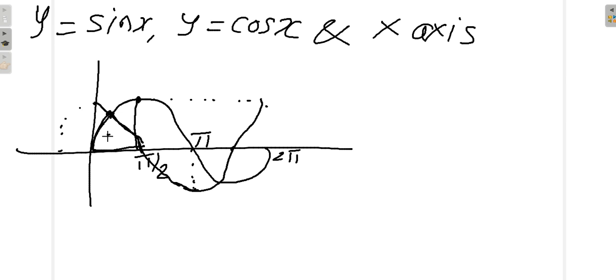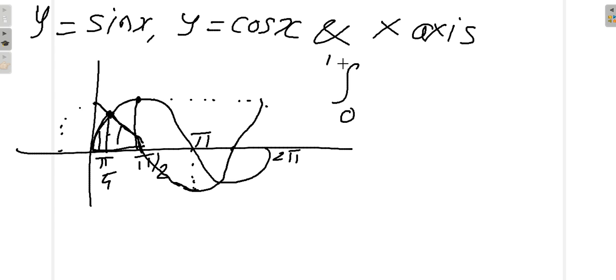So let us draw a strip, which divides it into two parts. One part is sin x, another part is cos x. Common point is pi by 4.